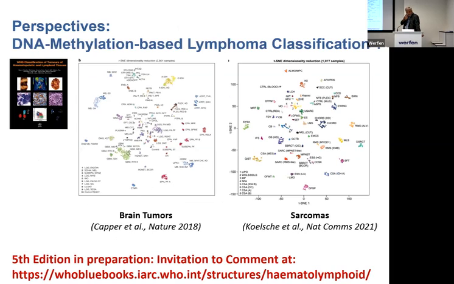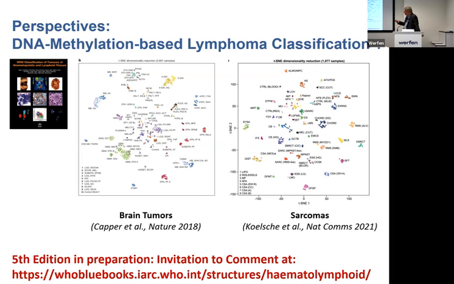And finally, what about classification? So this is from brain tumors. And this is from sarcomas. And my lab is also running a diagnostic lab for trials in pediatric tumors, pediatric brain tumors, particularly atypical teratoid rhabdoid tumors, where we run with bisulfite, with arrays and classify the patients accordingly.